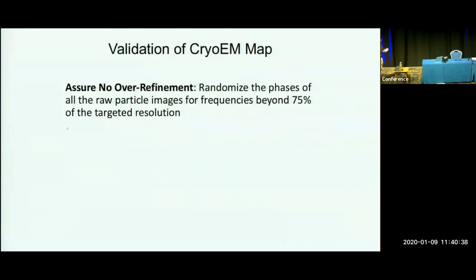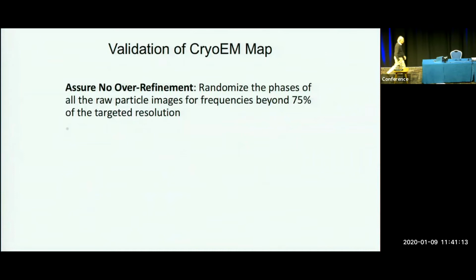What has been suggested, again by Richard Henderson, is that since you start with 2 data sets and process them, you can also start with the same 2 data sets and randomize the phase information in each particle at a frequency about 75% of what you think your resolution is. When you subject that data to the same processing, your resolution should not be better than where your phases became random.